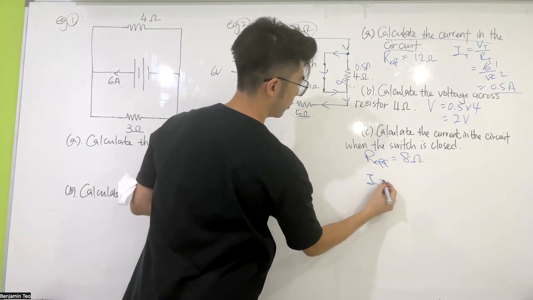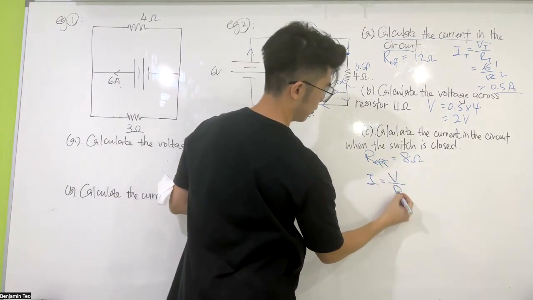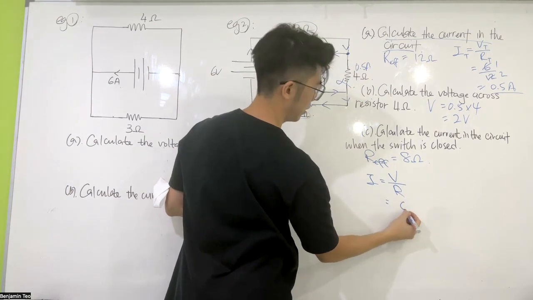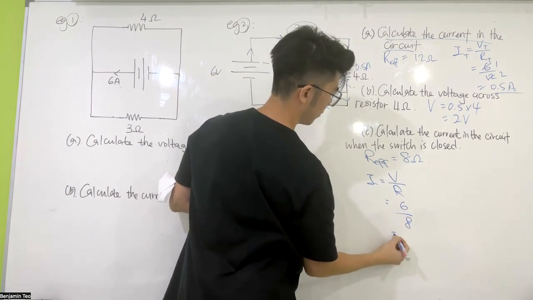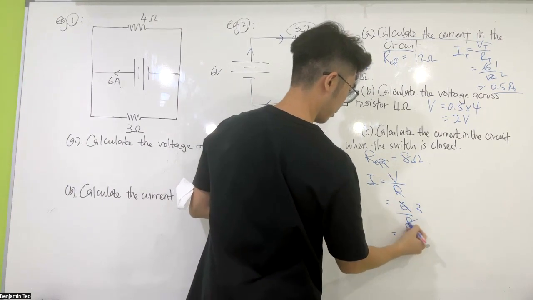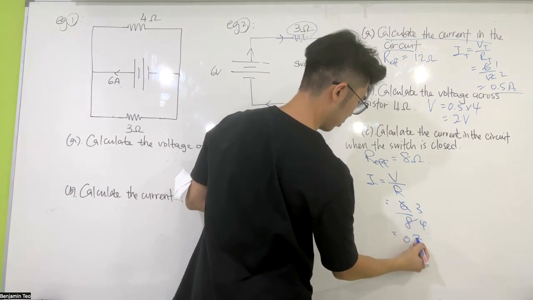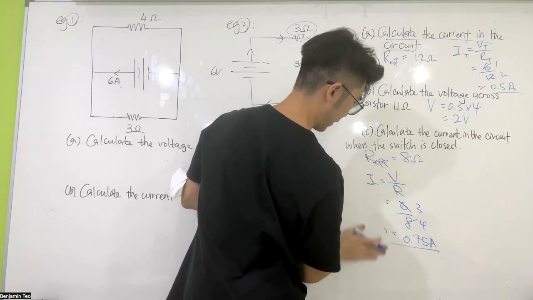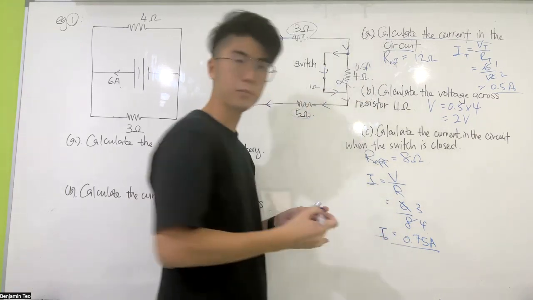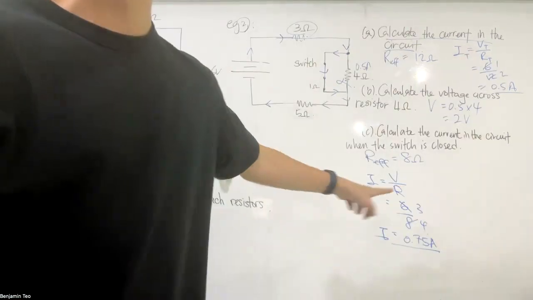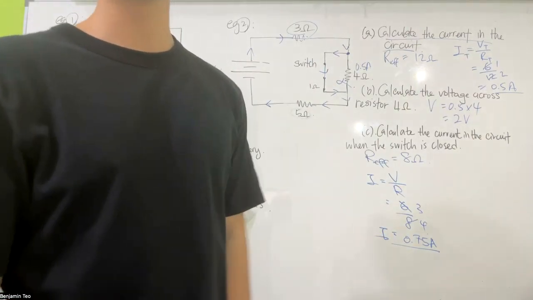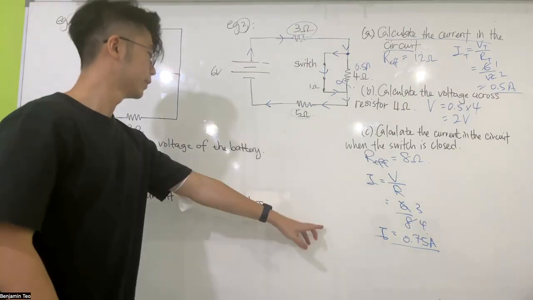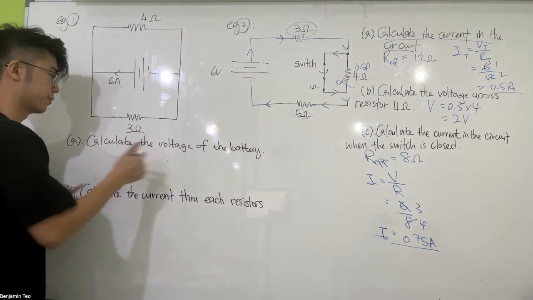And then your current will be 0.75 amps. Right, so a short circuit will increase the current to 0.75. Okay, I'll write an answer to this.